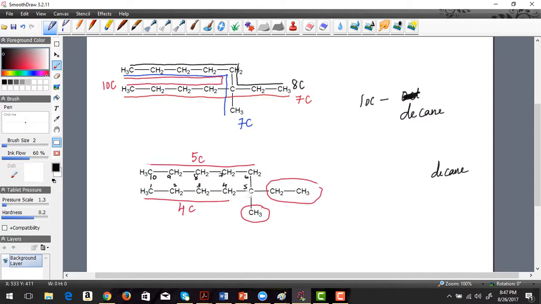Okay, and we know this right here is an ethyl group and this right here is a methyl group, right? Good. So that means E takes precedence over M, and it's all on the same 5th carbon, so 5-ethyl-5-methyldecane. That's our name.